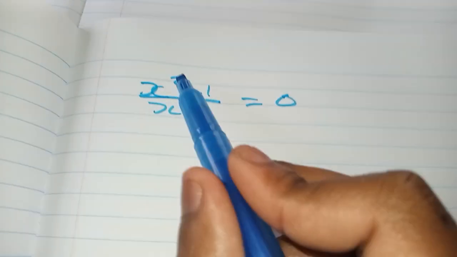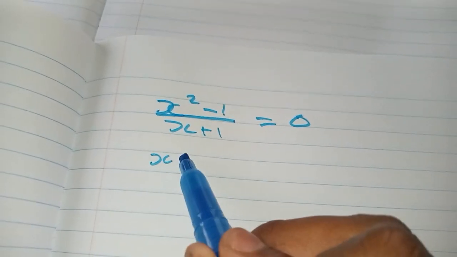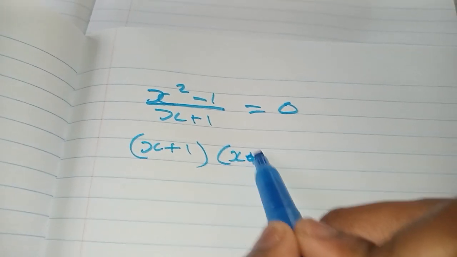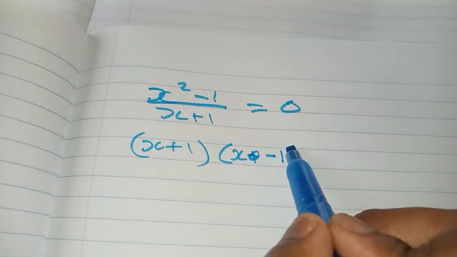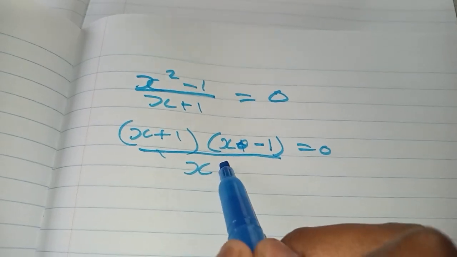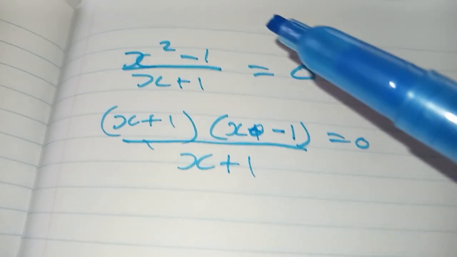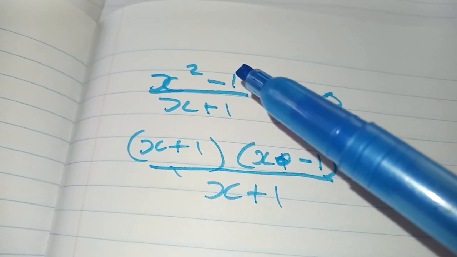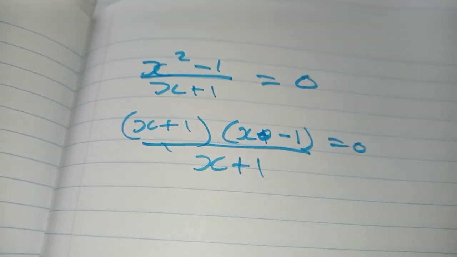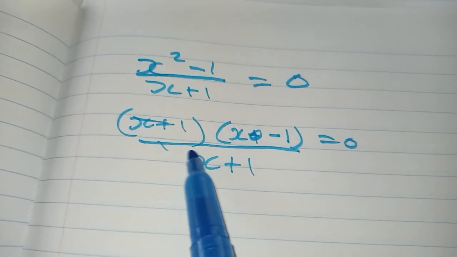So you already know that you'll have to factorize over there at the top, and you're going to have something like (x plus 1)(x minus 1) over x plus 1 is equal to 0. Whenever you see the squared, just know that you will have to open up two brackets, right? So these cancel, the x plus ones, they cancel.